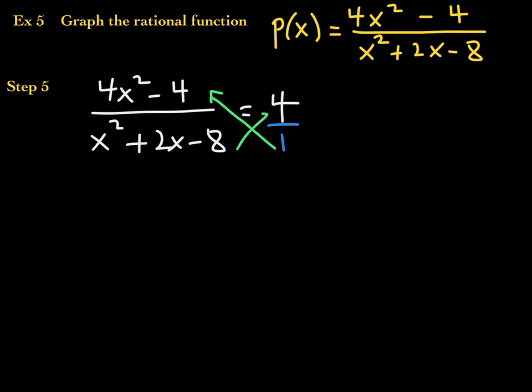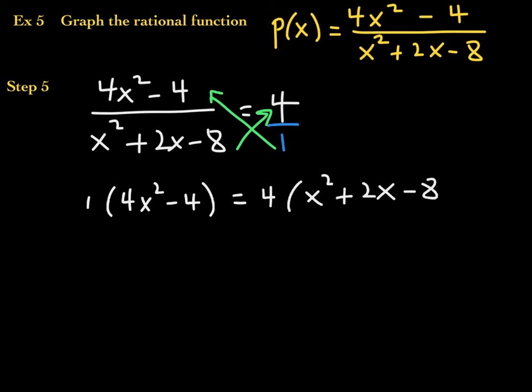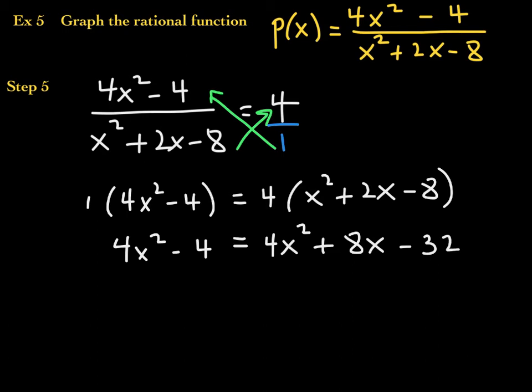Now, remember that 4 is really over 1 if you'd like, and you can cross multiply. All right? So what you end up getting is 1 times 4x squared minus 4 is equal to 4 times x squared plus 2x minus 8. So the left-hand side is just 4x squared minus 4, but the right, after you distribute the 4, you get 4x squared plus 8x minus 32. Now the squared terms cancel, 4x squared and 4x squared, and you're left with a linear equation.